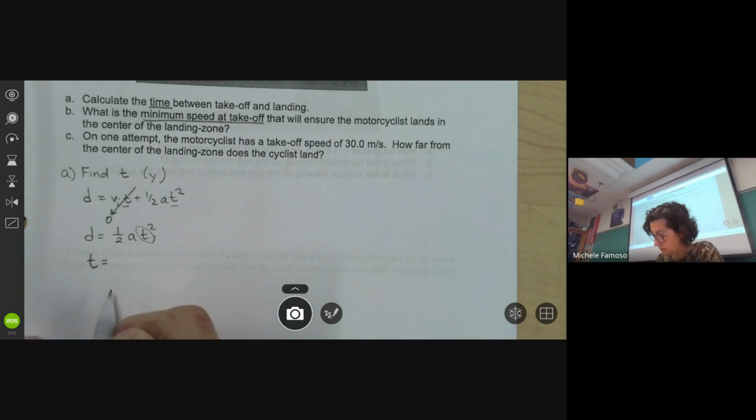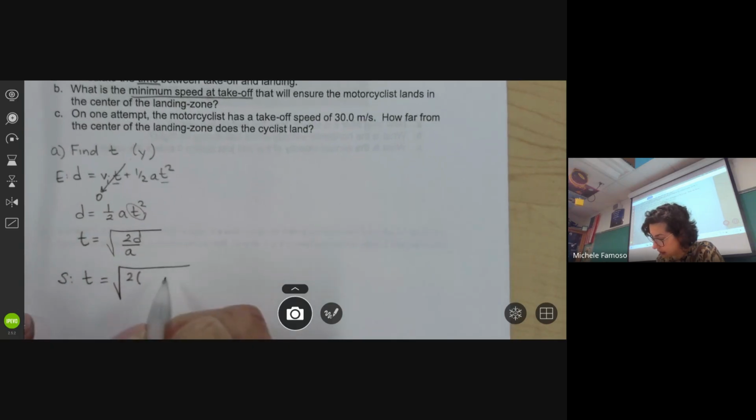T equals square root of 2D over A. Okay, good. Let's go ahead and plug in using the variables from the y column of our chart. So that is 2 times negative 23.7 meters all over negative 9.81 meters per second squared.